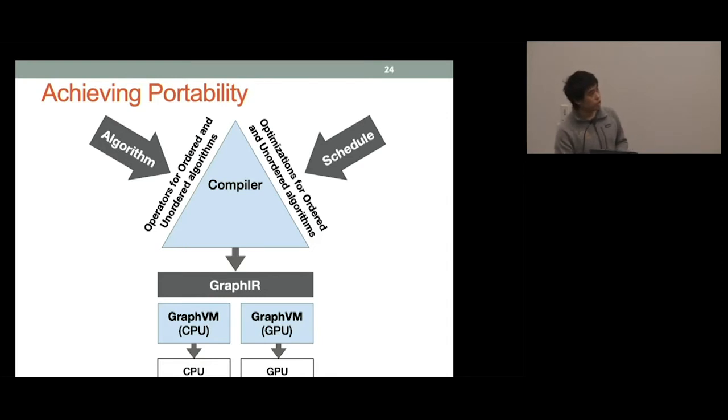You just have to provide implementations for specific instructions in the GraphIR. Right now, we've developed 2 backends for GraphIt, a CPU backend and a GPU backend, using this GraphIR, and they share a lot of common infrastructure. This makes it easy for someone who has their own domain-specific accelerator to extend GraphIt to support graph algorithms on their architecture.